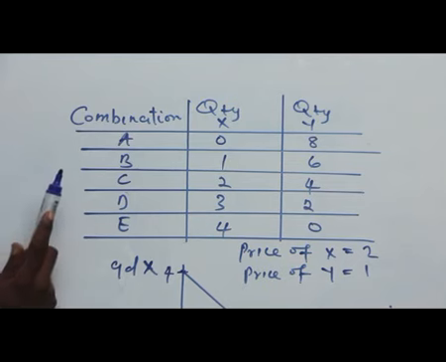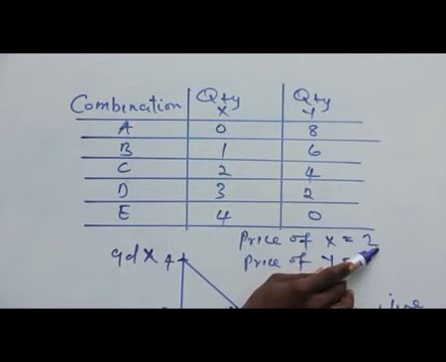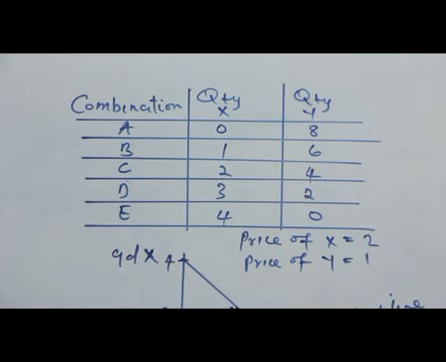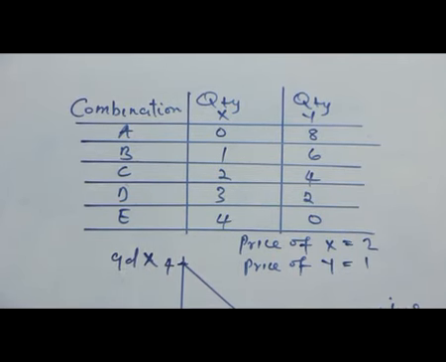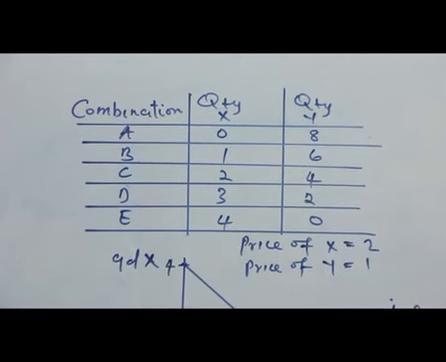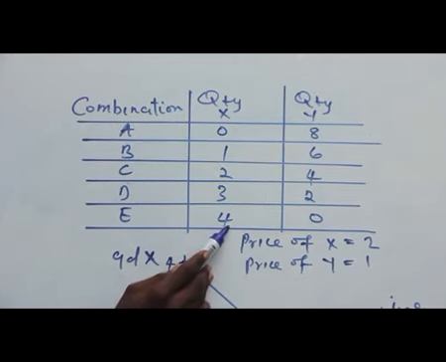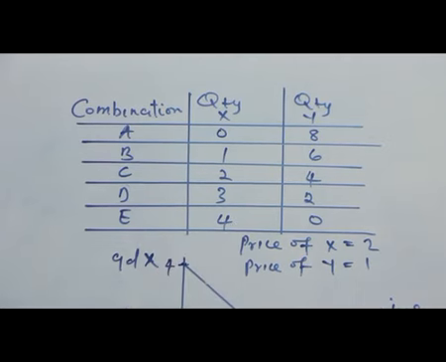Looking at the table, if the price of commodity X is $2 and the price of commodity Y is $1, what is going to be the quantity of X if the consumer is not buying commodity Y? It's going to be 4, because 4 times 2 is 8, which is the $8 income of the consumer.